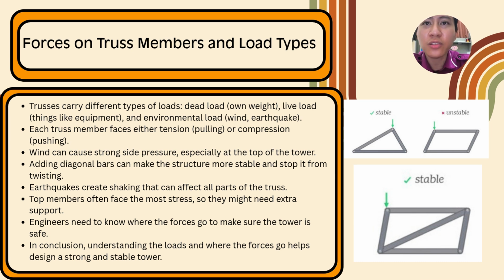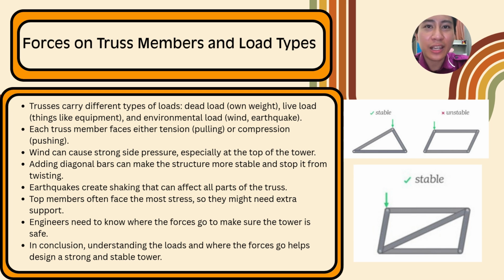Wind can cause strong side pressure, especially at the top of the tower. By adding diagonal bars, we can make the structure more stable and stop it from twisting. As we can see from the figure here, when we add the bar there, the structure becomes more stable, and if there is no supporting bar there, it becomes unstable.